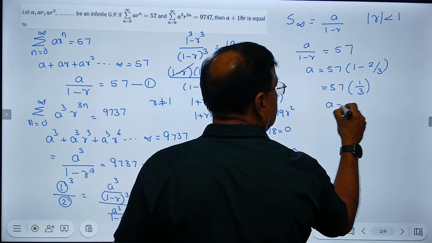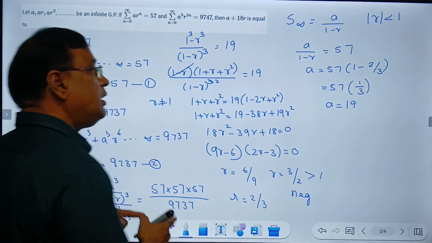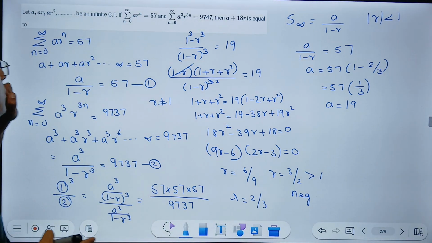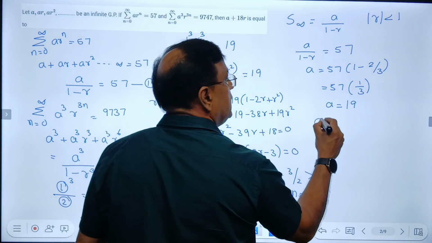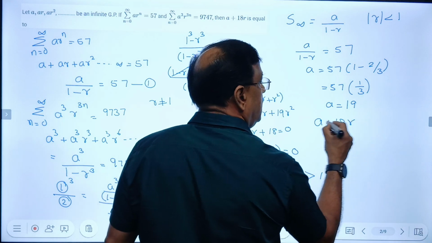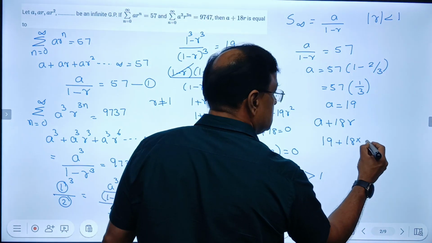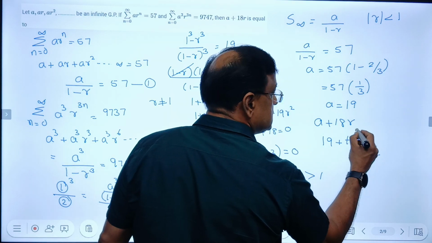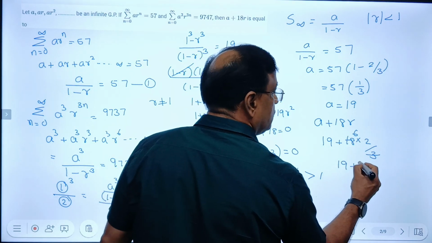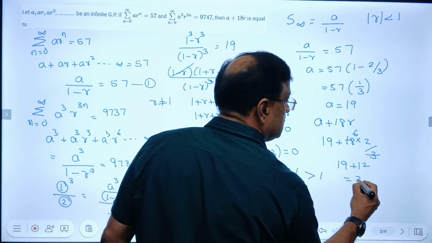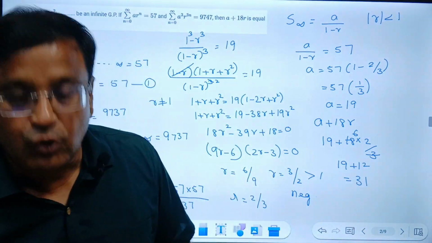So a is 19. So I have found r, I have found a. Now I want to find a plus 18r. A is 19. 18 into, what is r? R is 2 by 3. 3 goes 6 times. So 19 plus 12. So the answer is 31. I hope this is clear.